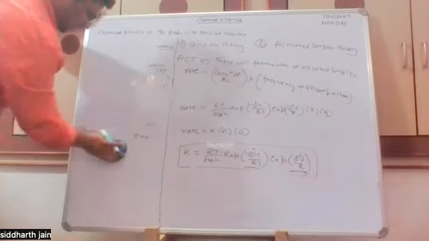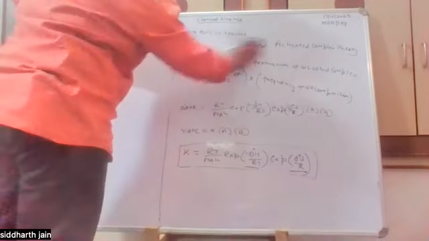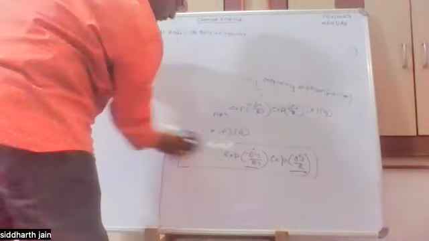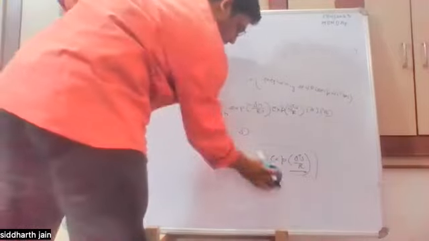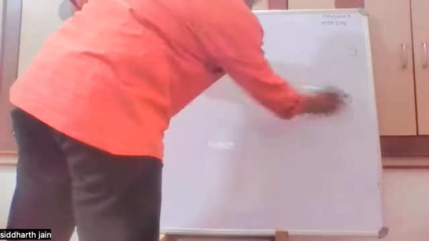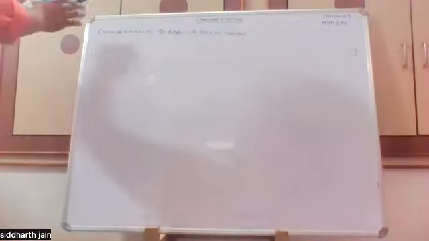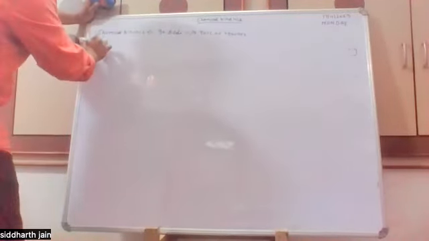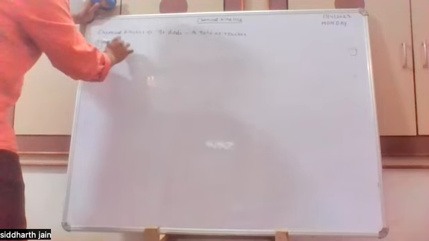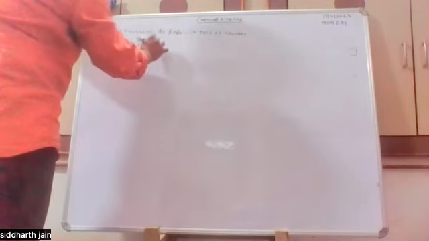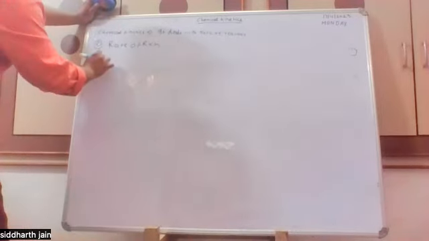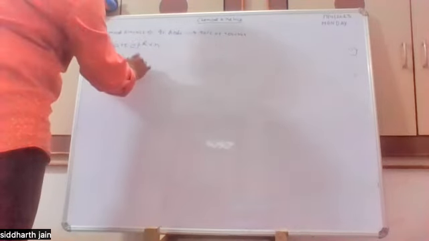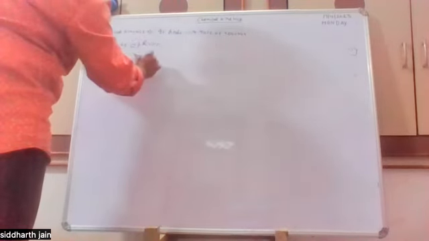So now I will summarize the complete thing which I have taught. First, we discussed about chemical kinetics, that it is a branch of chemistry which deals with the rate of reaction. Then second point, we discussed about the rate of reaction. What is the rate? Then third thing, we discussed about the order of reaction, that it is the sum of the powers of the concentration terms in the rate law.